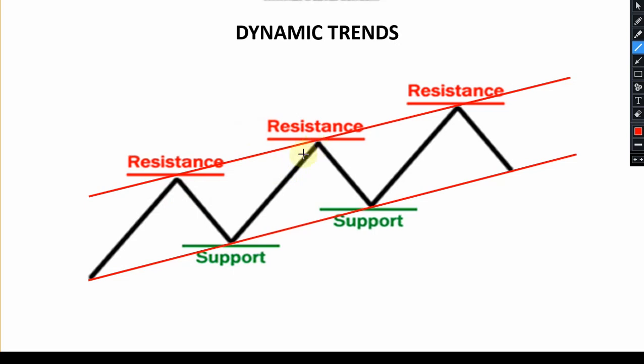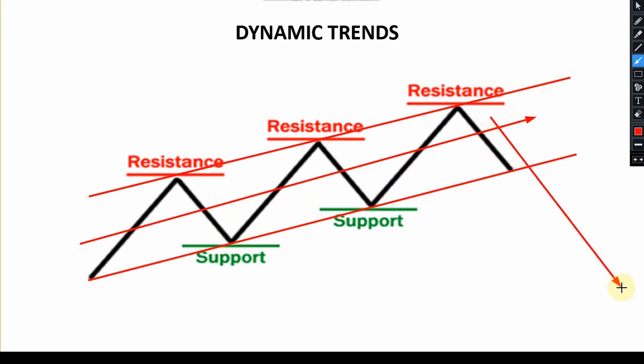This is what I'm trying to make clear to my fellow traders. When you see your trend pointing in a particular direction, whether uptrend or downtrend, once you plot your trend line, it automatically becomes a dynamic resistance and support zone. So always put this into consideration.